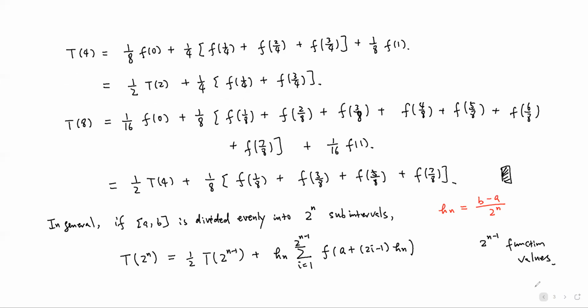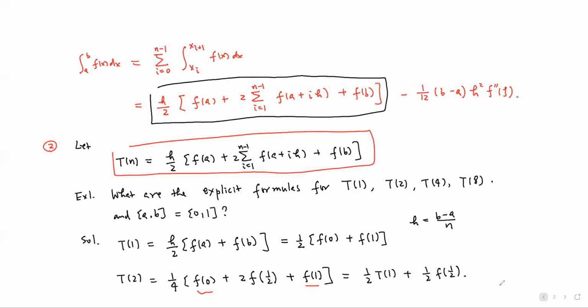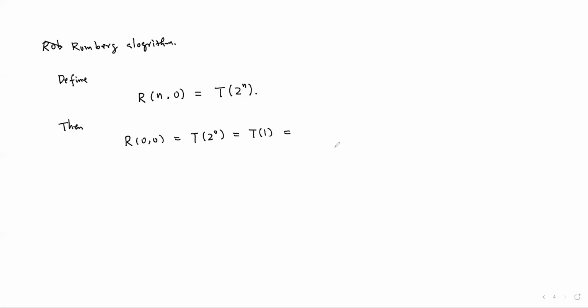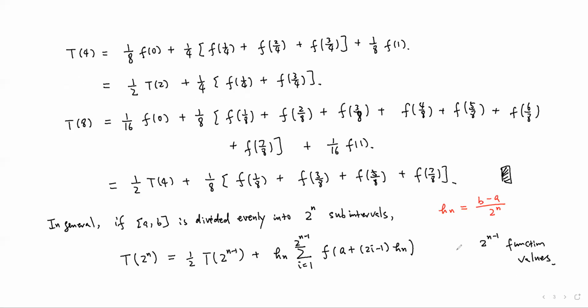T1 is 1/2 (b minus a) times, R(0,0) is just the trapezoid rule. Then R(n,0) is T of 2^n by this formula.